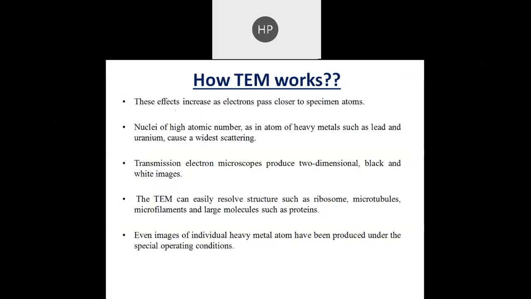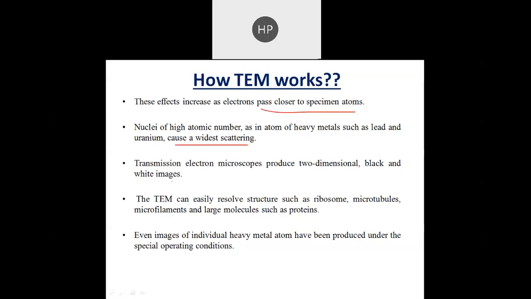This effect increases as the electrons pass closer to the specimen atoms, and nuclei of high atomic number, as in atoms of heavy metals such as lead and uranium, cause wide scattering. Due to that, there is large scattering in heavy metals.